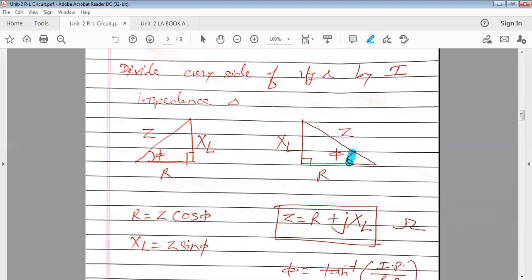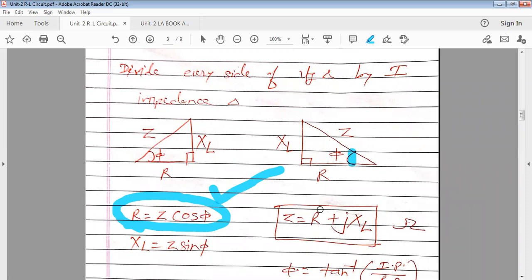Cos phi is R by Z. If you remember in the fourth practical, charging and discharging of a capacitor, where you studied RC, the same formula applies for RC: cos phi is R by Z. Here also for RL, cos phi is R by Z. Sometimes to calculate the power factor, you have to use this formula.